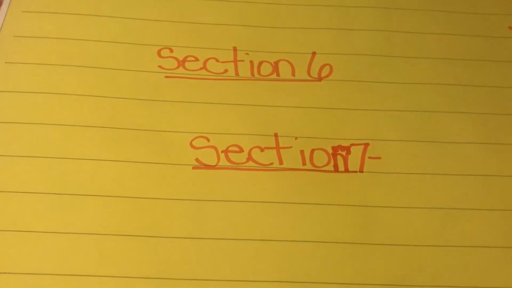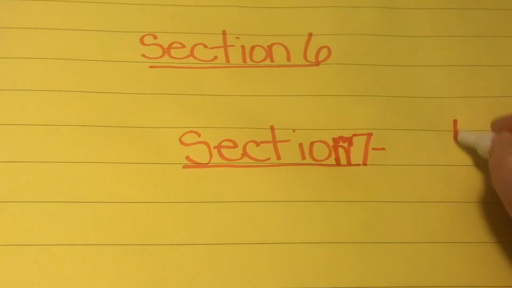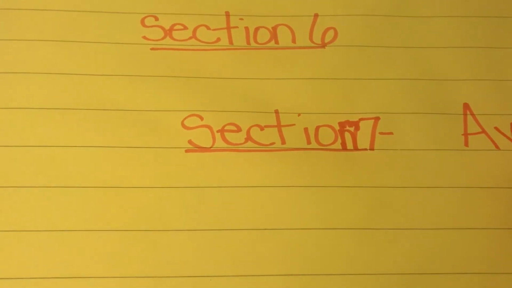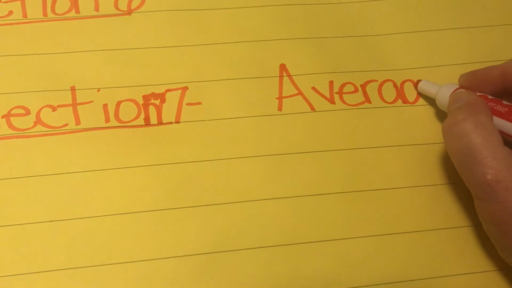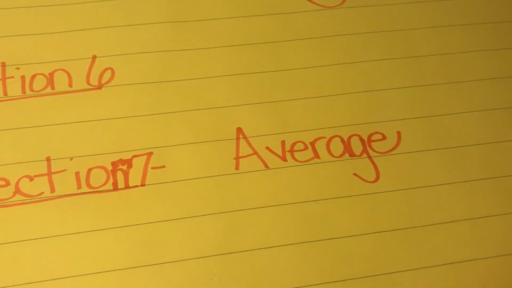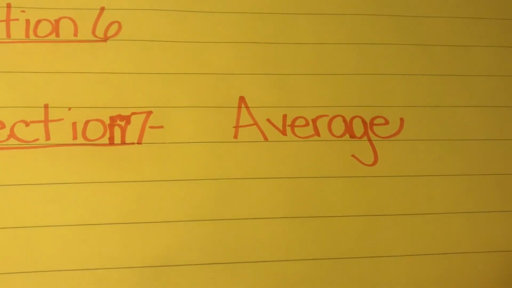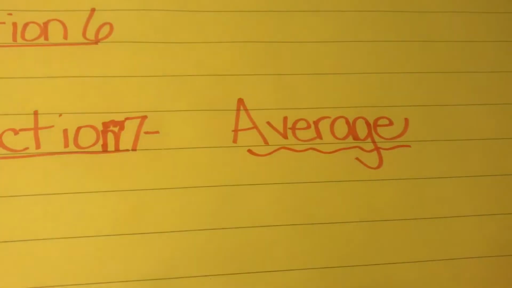Not good. All right. So we've got section 7 that we're looking at, and they're asking us to average. Remember, average is not a total. There is a sum that you have within an average, but it's not a total.